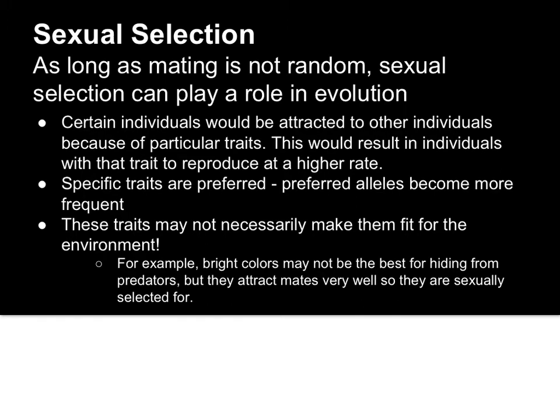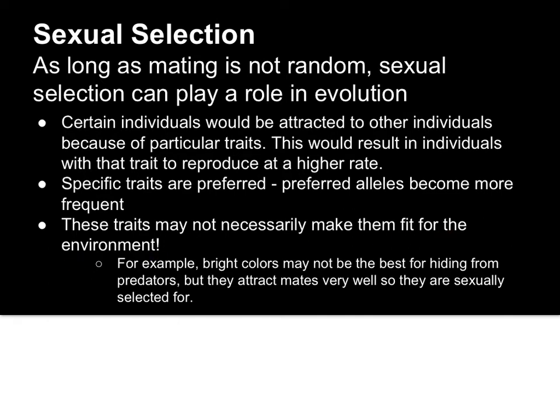Whether that's a very colorful peacock or a really strong male bison or whatever it is, these alleles are going to become more frequent because they are preferred. Because certain animals are going to be reproduced with more often, their alleles are going to pass on. This doesn't mean that it's going to make them fit for the environment.